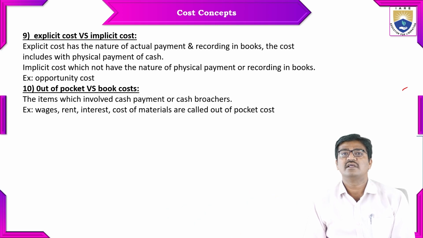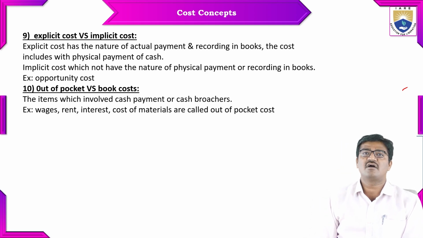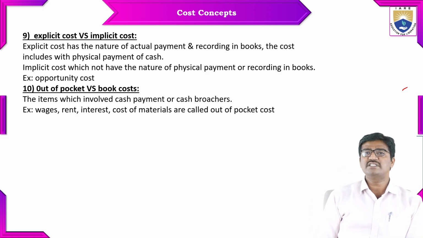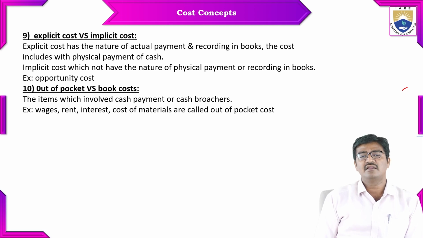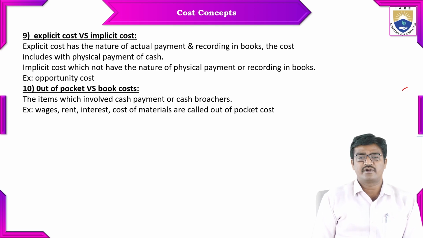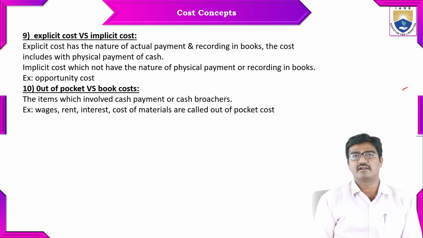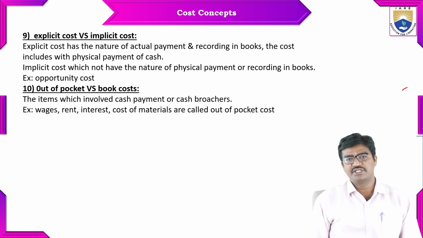And next one, explicit cost versus implicit cost. Explicit costs have two features: physical payment of cash and entry of record in books. Some costs do not have this kind of feature.